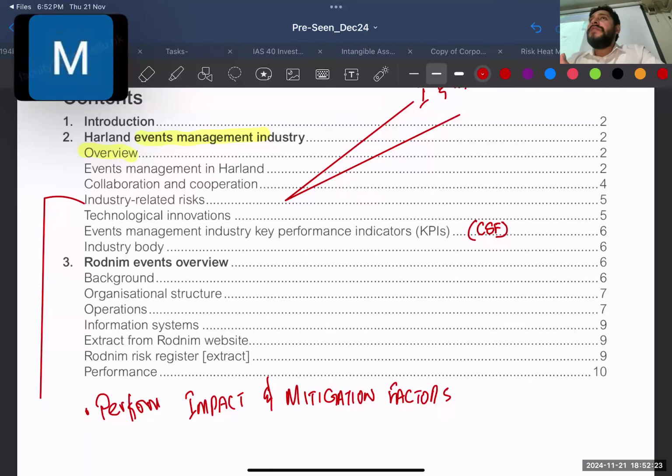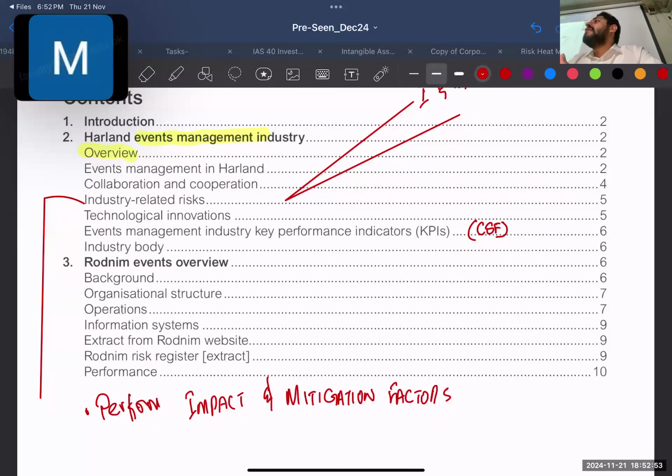So you need to take into consideration the critical success factors. Now, there may be a question that, using the critical success factors, identify any other factor that you think is going to contribute to the company's success. Or there may be another possibility, where the critical success factors are already identified as the primary sources of success for the company, and the question asks what could have been the secondary sources of success.